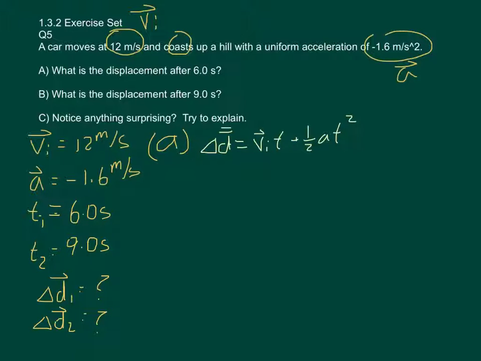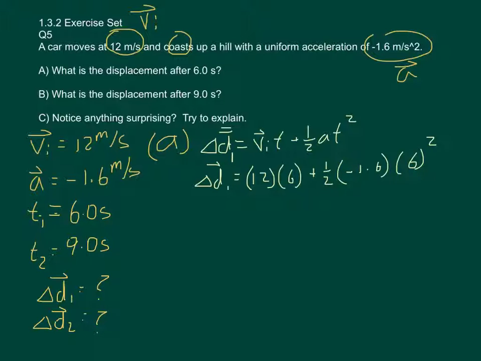We're solving for D1, displacement 1. So our VI is 12 meters per second, and our T is 6 seconds. It's 1/2, our A is negative 1.6, and T is 6, only it's squared this time.